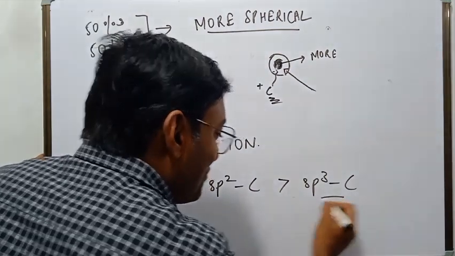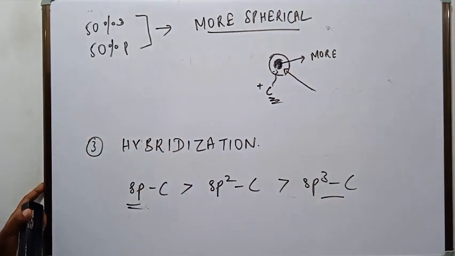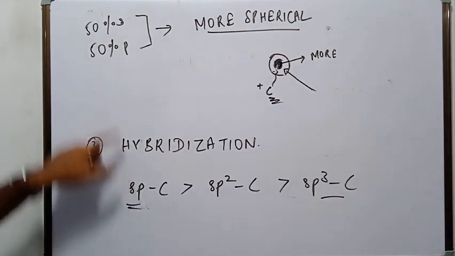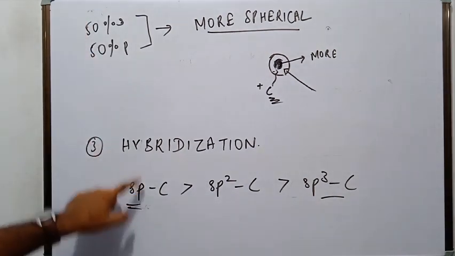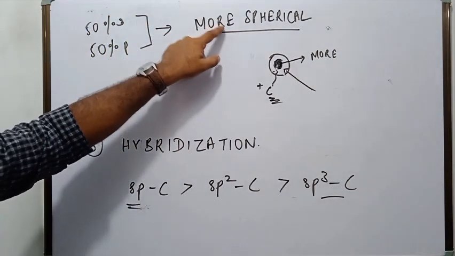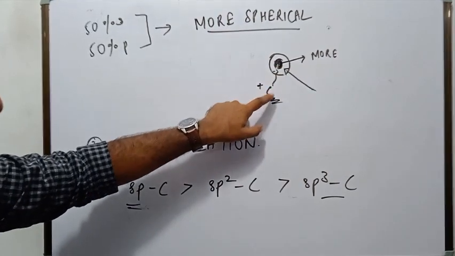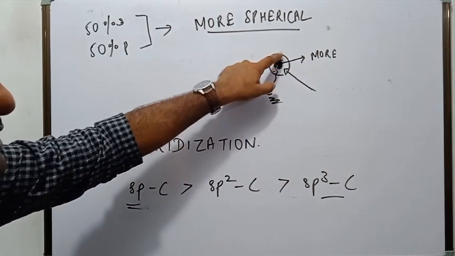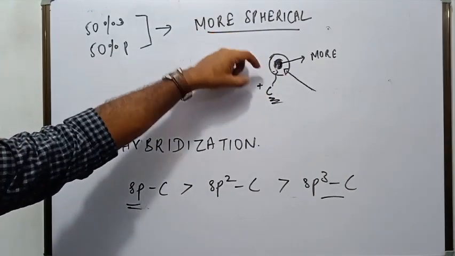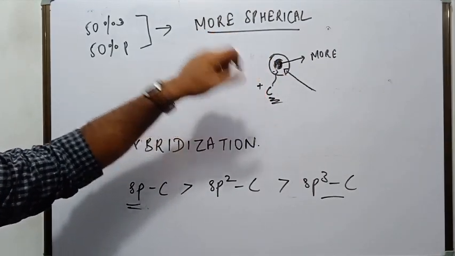So sp2 and sp carbon atoms exhibit polarity. I hope you understood. Why? Because of 50% s character, 50% p character, the hybrid orbital formed will be more spherical. It will be nearer to the nucleus. Now the carbon can exert its positive charge effectively. It can attract electrons towards it. That would make this sp hybridized carbon atom electronegative.